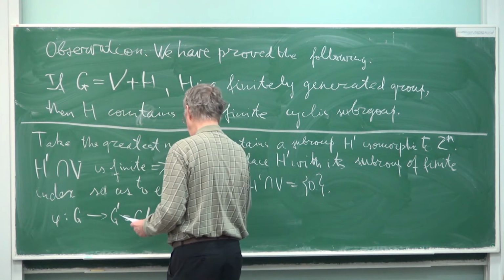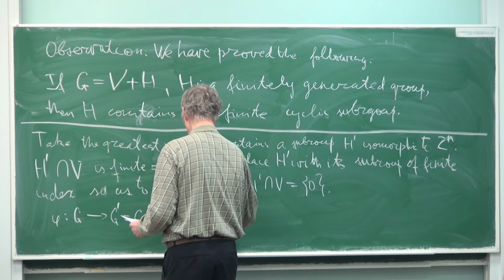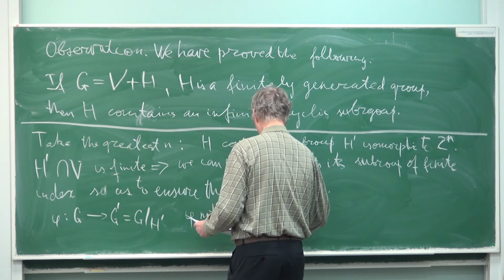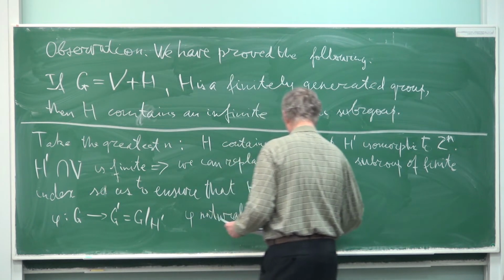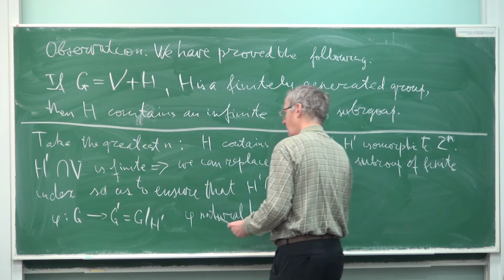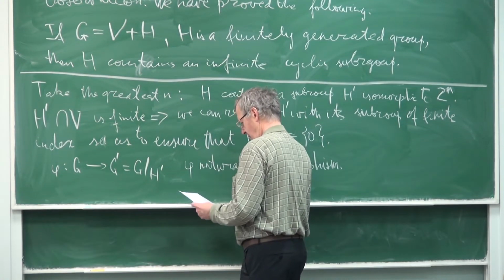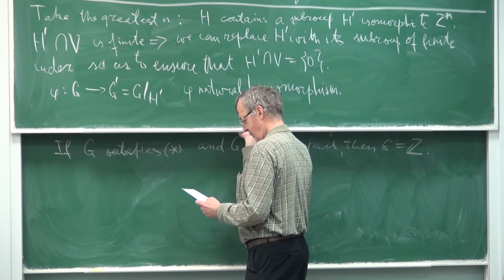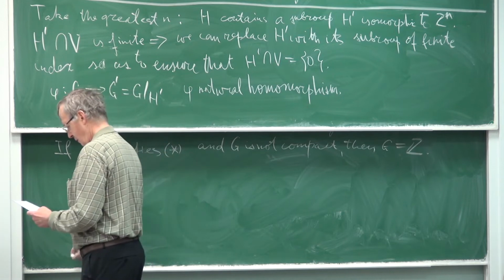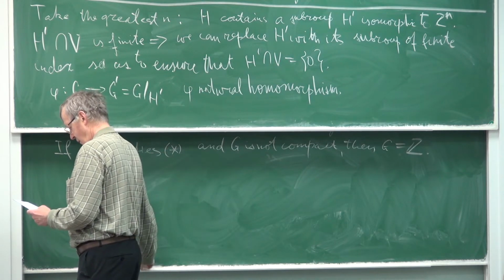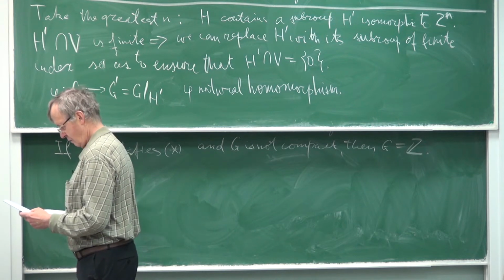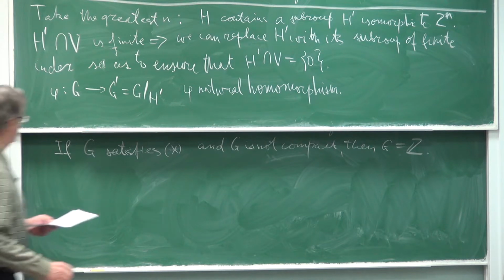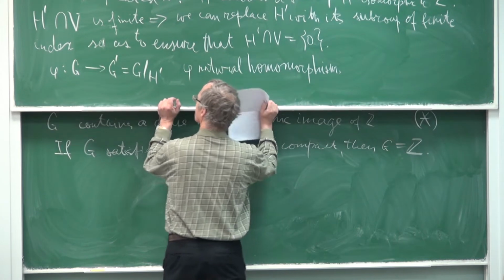Phi is a natural homomorphism. And now, what do we obtain here?